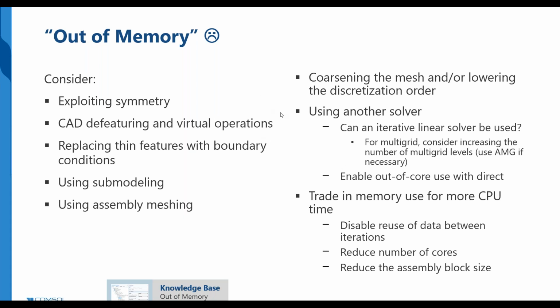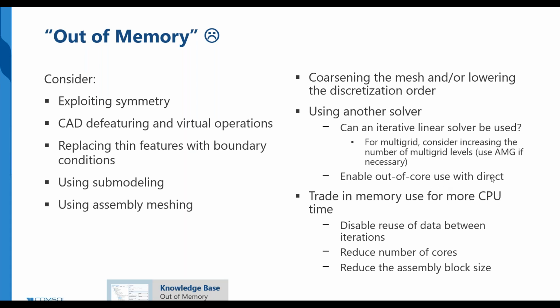Discretization, we discussed that as an important part for the size of the problem. We can sometimes make the mesh coarser and lower the discretization order. I will give you some warnings when doing that soon. Using another solver, we saw introduction-wise here how an iterative solver can be much more efficient than a direct solver, and I will show you more of that soon.